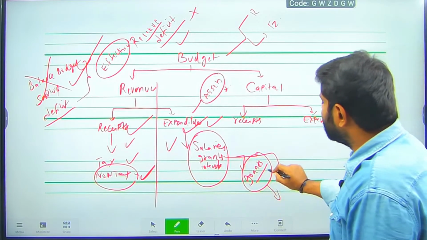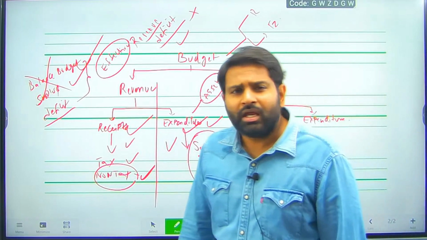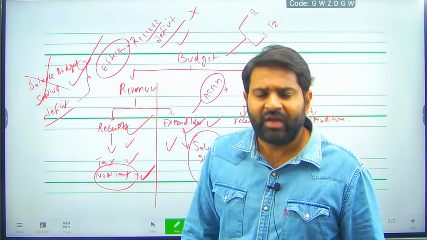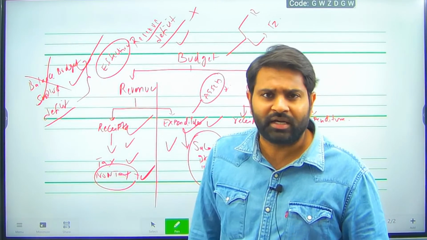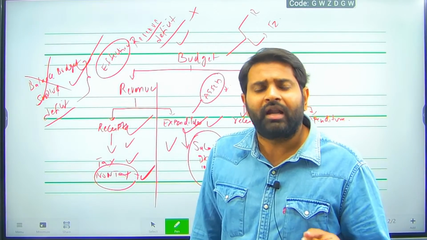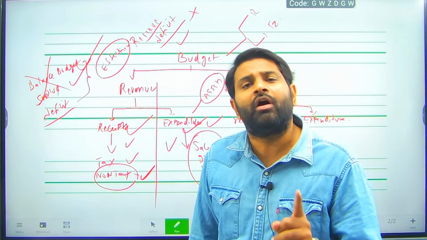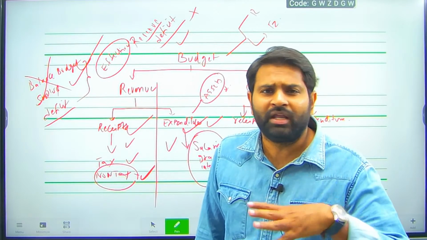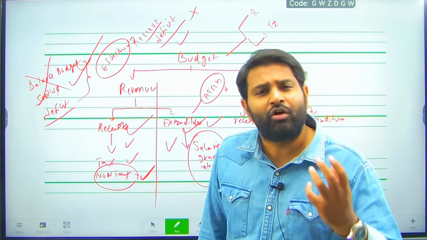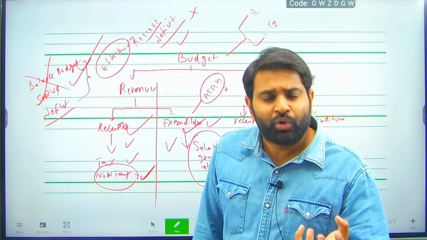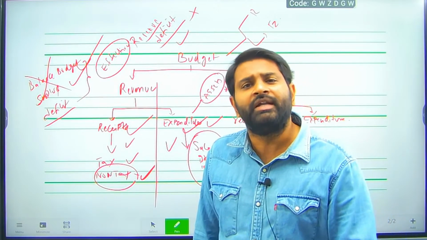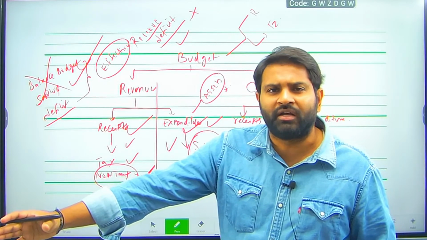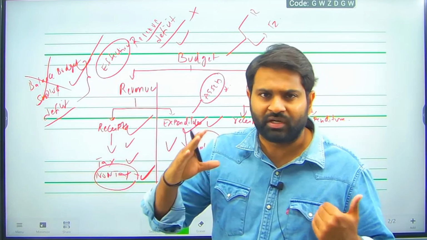Let us consider the union government gave 1 crore to Karnataka state, and Karnataka government spent it on creating capital assets. We don't have any control over what the state does with that money, but the central government is giving money through which a state government or union territory is creating a capital asset. If you remove that from the revenue deficit, that is called effective revenue deficit.